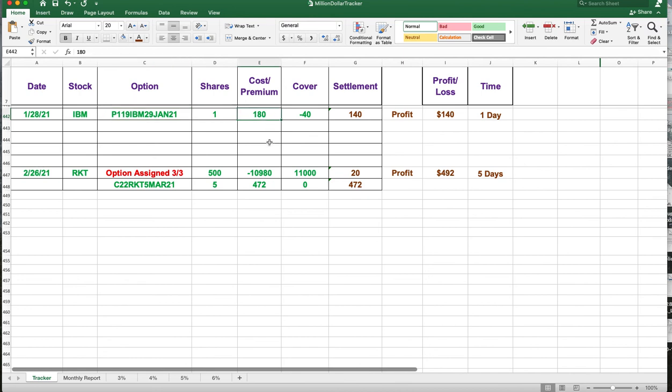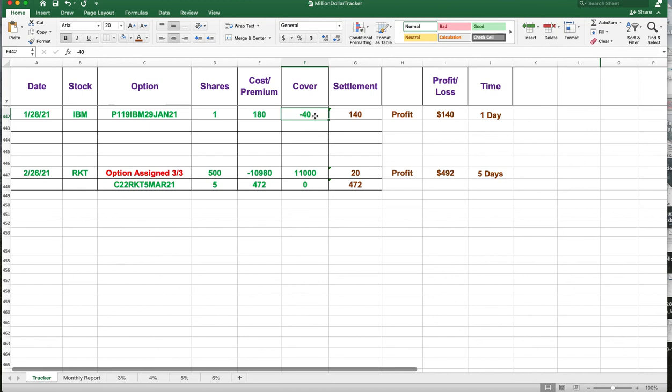We were given the $180 and I decided to cover the position by buying to close the position. Remember, we sold to open the position on 1/28 and I bought to close the same position the next day, on 1/29, and I gave back $40.